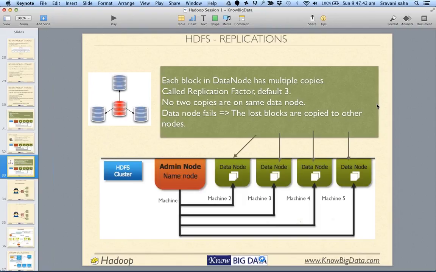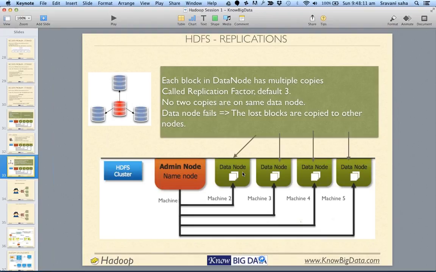So why do we need replication? As Karthik says, in case a block is lost, there is a chance of huge data loss, right? And that's right, because you have sliced all of the files into small blocks. In case any of these blocks get lost, your file is lost, right? So the probability of failure has become bigger when you have these blocks.